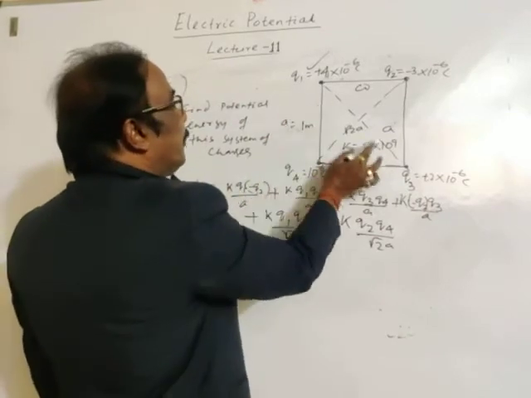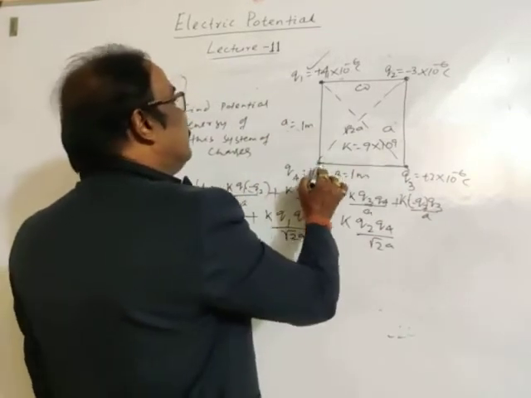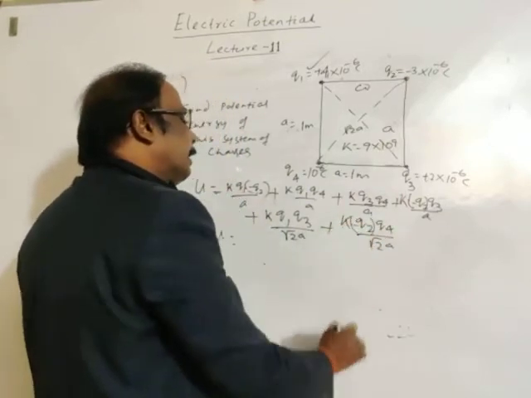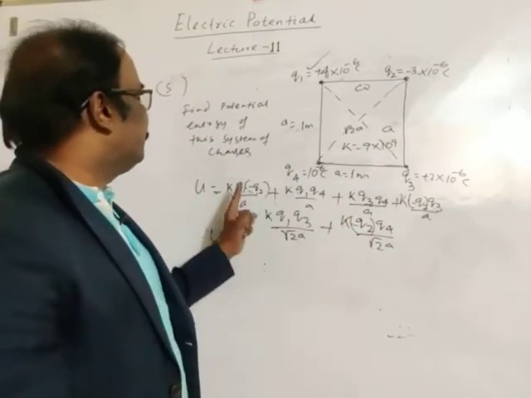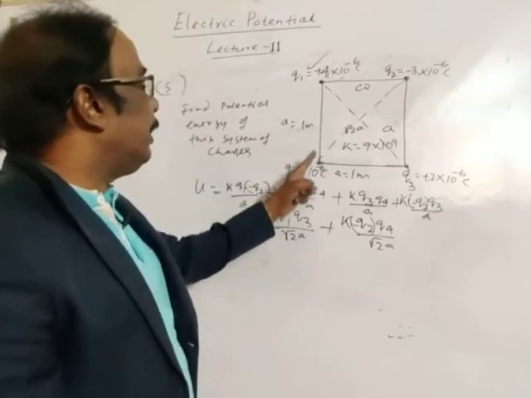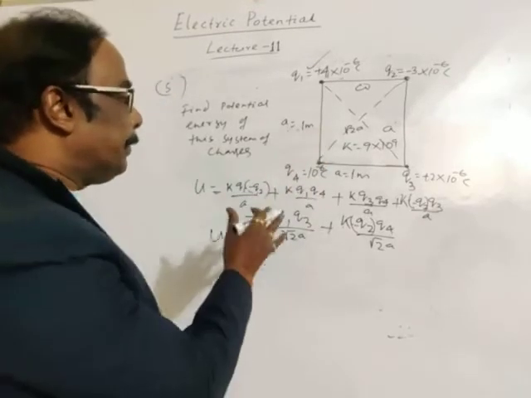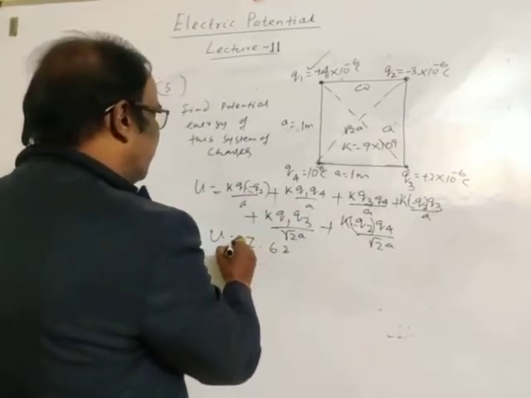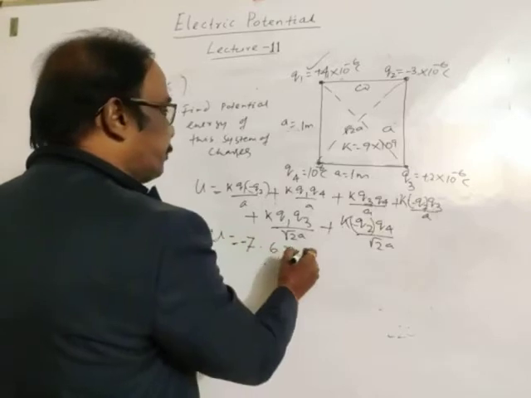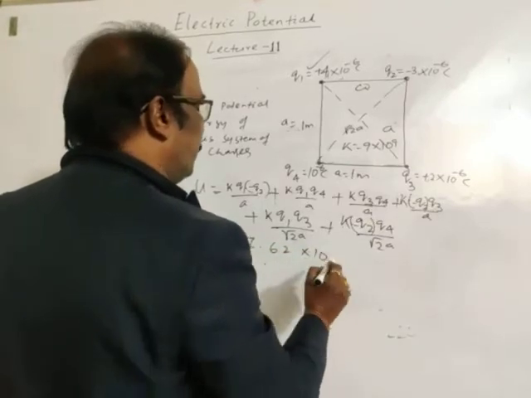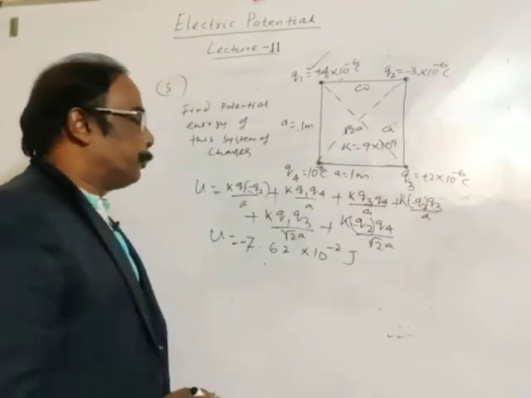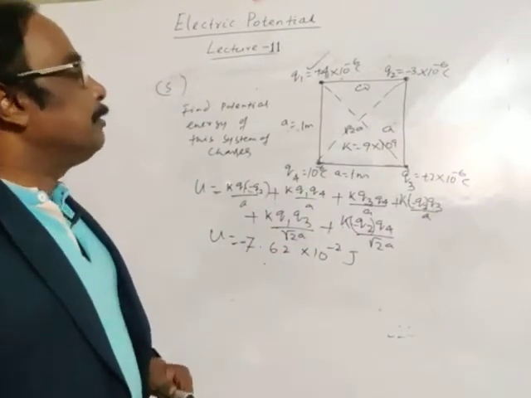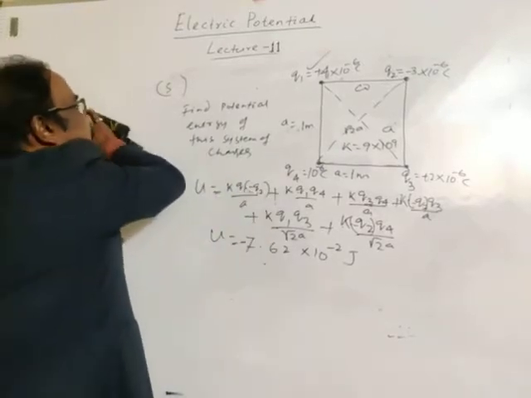Again, Q1, Q3 both are positive, Q2, Q4 is negative. Taking appropriate sign, now put the values, K and A is given 1 meter, and solving you will get negative 7.62 into 10 to the power minus 2 joule. Okay, just put the values. Okay, then question number 6, very good question.